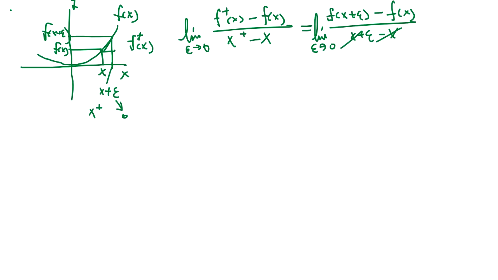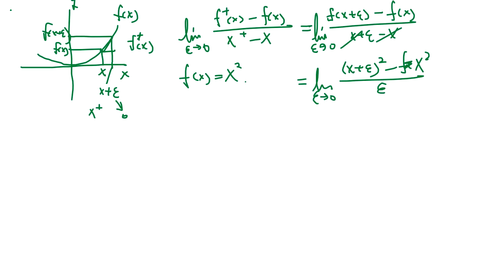If f(x) is x squared, then it's going to be the limit as epsilon goes to 0 of (x plus epsilon) squared minus f(x), which is x squared, over epsilon. We expand this, it's going to be x squared plus 2 epsilon x plus epsilon squared. This disappears, and divided by epsilon, this disappears, so only 2x is left.